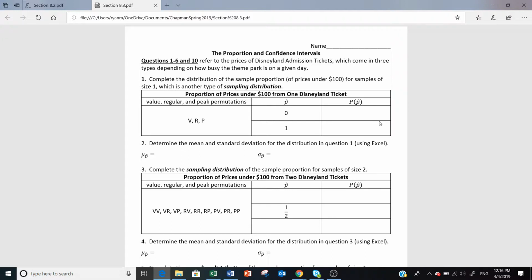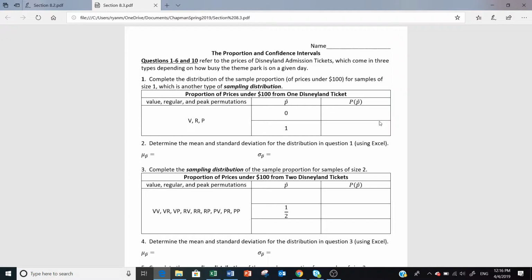So we can always work these out. Because we're looking at values, this is the same thing, but instead of 1 out of 1, we're looking at 2 out of 2. So there's only 1 here where 2 out of 2 are less than 100, which is just VV. So then this is the proportion of the values in the sample that are under 100.